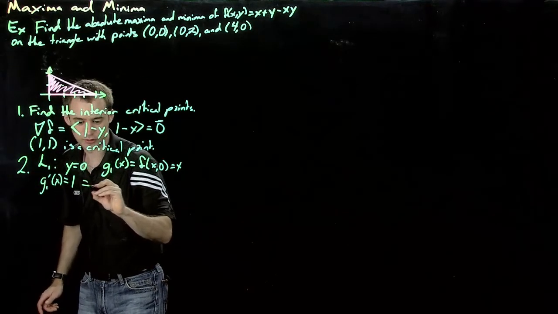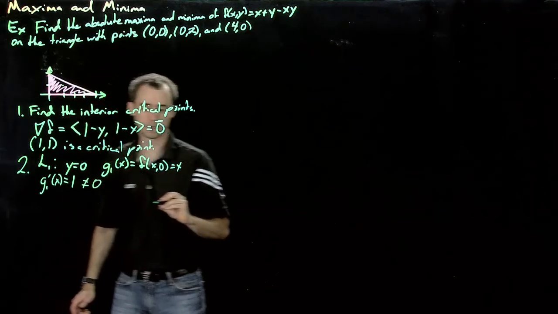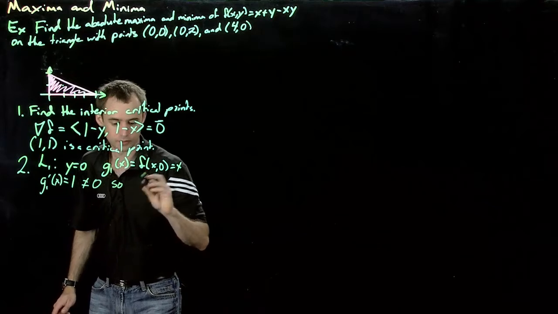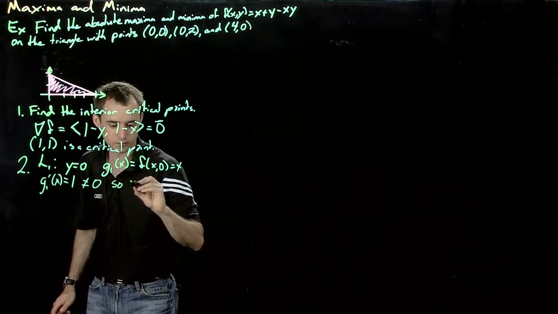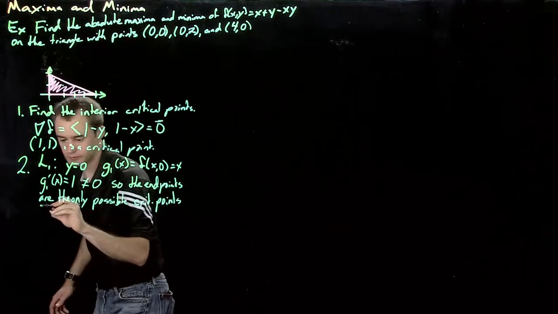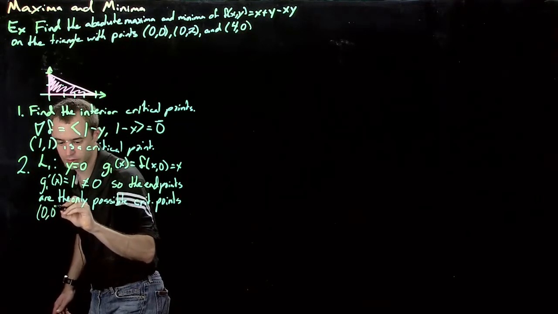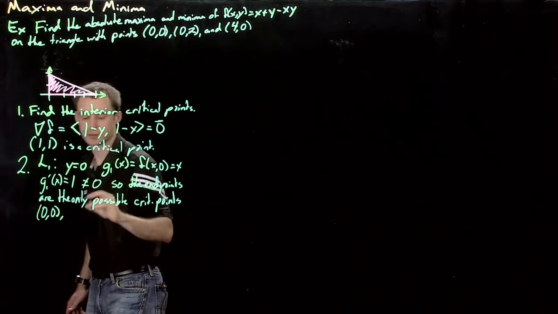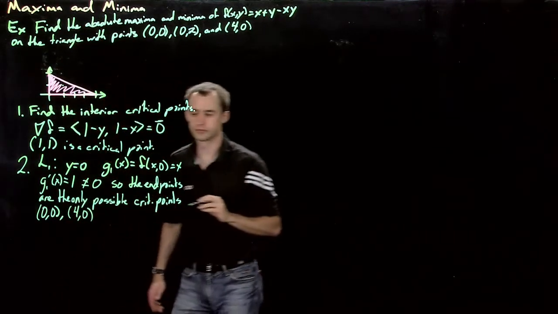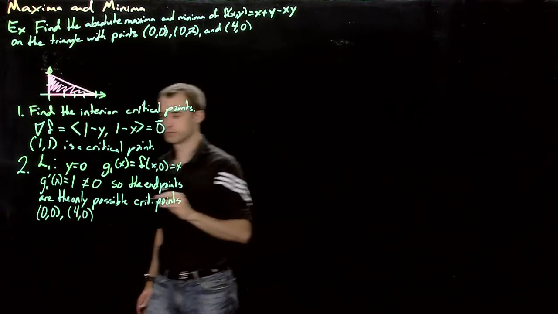This is never equal to 0 for any x. So that gives us our endpoints, and here the endpoints are (0, 0) and (4, 0). So that's line 1 done.